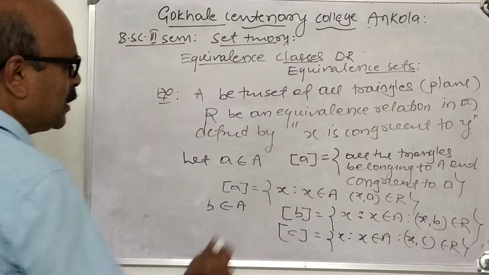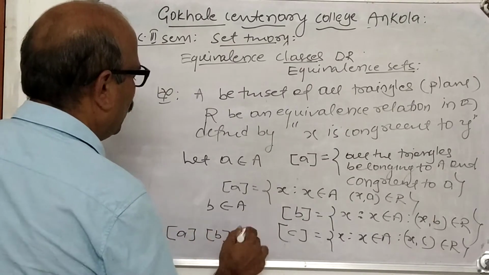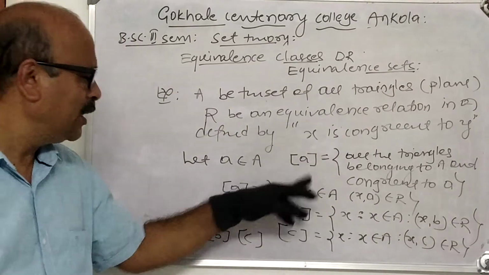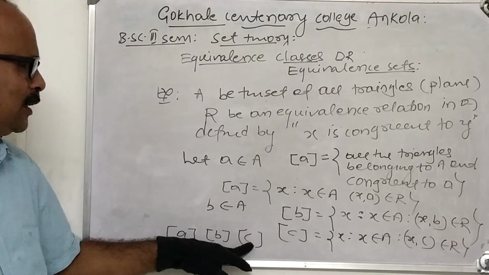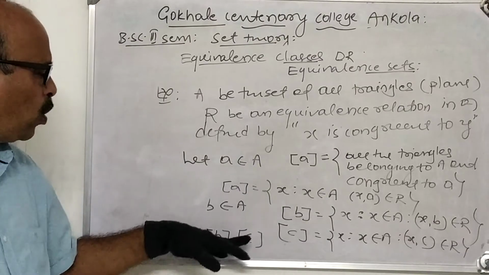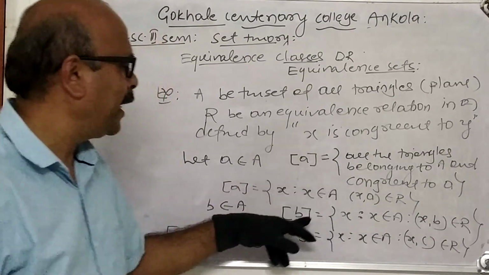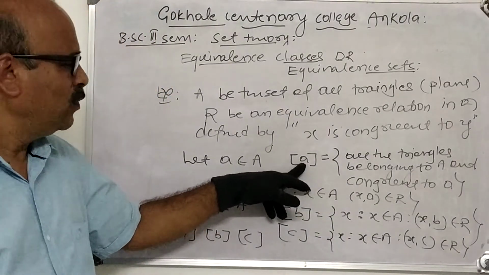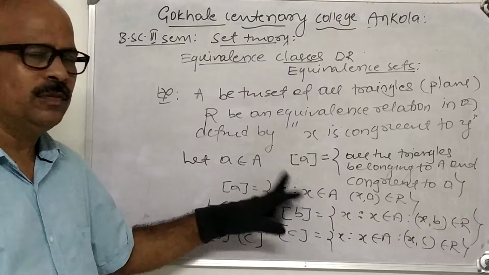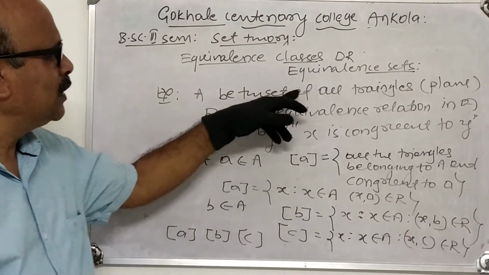Now, these A, B, C, what do you observe here? A, B, C determine different sets. The important thing is that the equivalence classes determined by A, B, C are either disjoint or identical, because if some triangle is congruent to A and also congruent to B, then A must be the same as B. Therefore, what is the property of these equivalence classes?